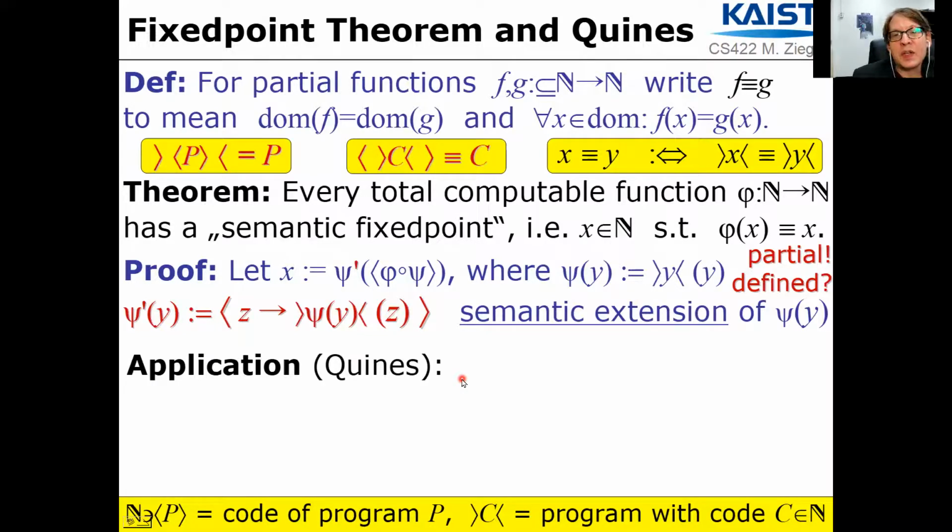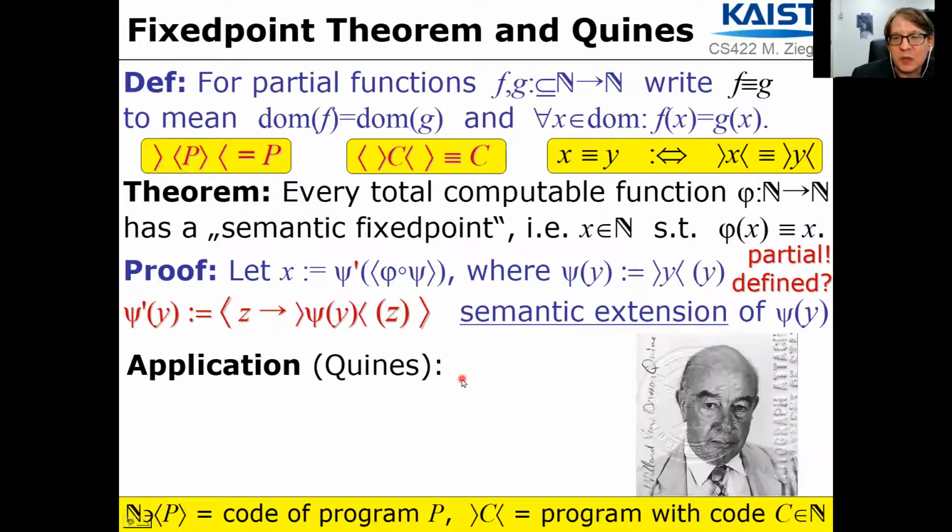For different encodings, of course, Quines look different, but the gist is that Quines exist regardless of how we encode. And again, this is a constructive proof, by the way, right? A Quine is named after this famous logician, Willard Quine, to honor his contribution.